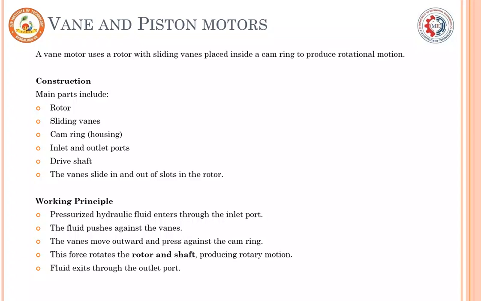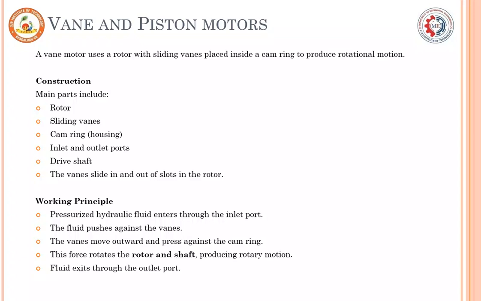In extension to the gear motor, there are vane and piston motors. In the vane motors, there are sliding vanes placed in the camring to produce rotational motion. The main parts are the rotor, sliding vanes, camring, inlet and outlet ports, and drive shaft. The vanes slide in and out of the slots in the rotor.